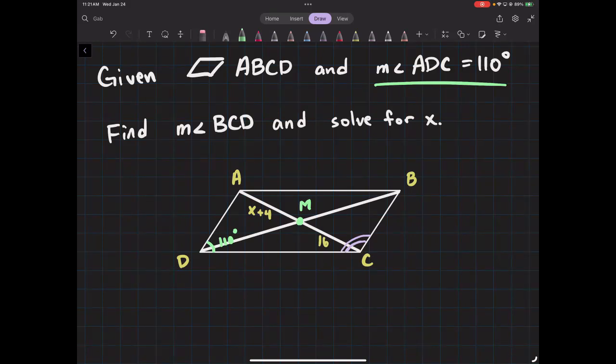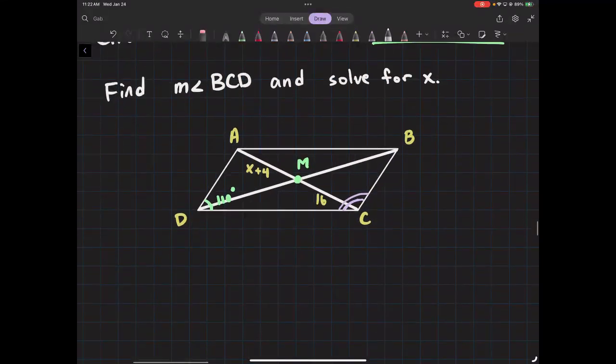7.5. Okay, 7.5 is the one with consecutive angles, right? And consecutive angles add up to 180. So if that side right there is 110, angle BCD should be 70. This is what the setup looks like.